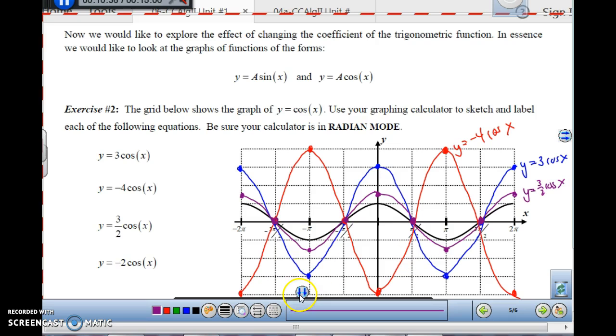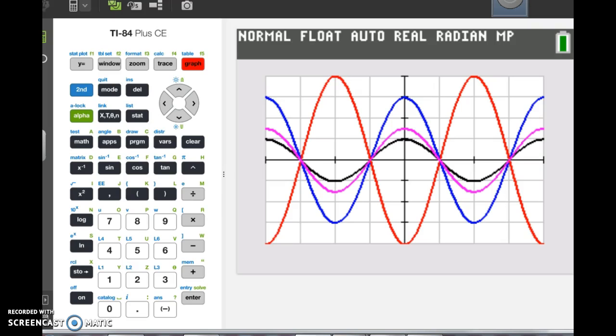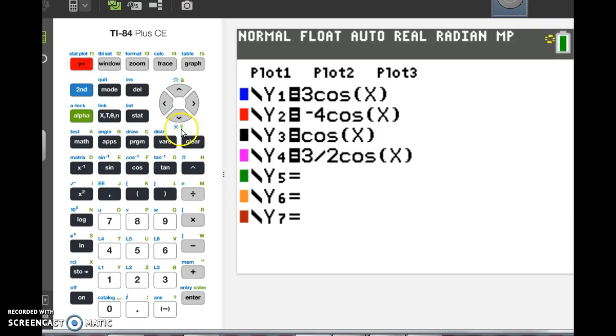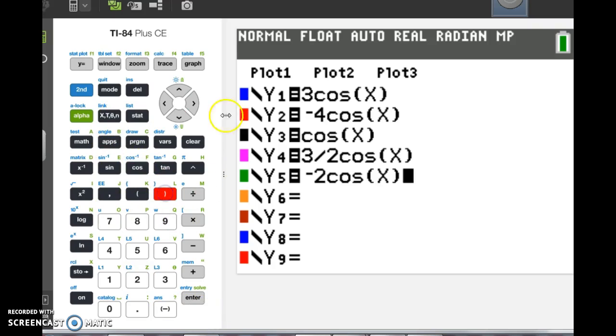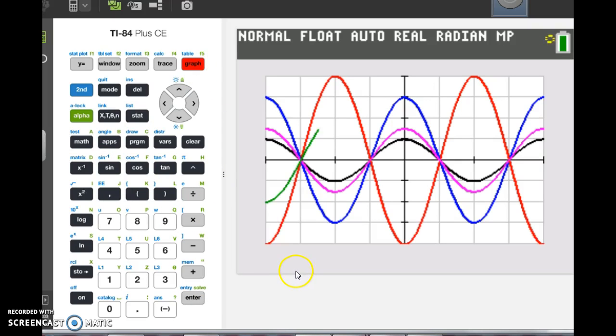Okay, and then -2 cosine x, what do you think that's going to do? Well, it should increase the amplitude to 2, but then also flip it over the x-axis. So it's going to look like the red graph, except at 2 instead of 4. So let's see if it does. Y equals, I'll go down to the green one, -2 cosine x, and graph it. Let's see. Yep, there it is. It looks like the red graph, except it's going down to the green.